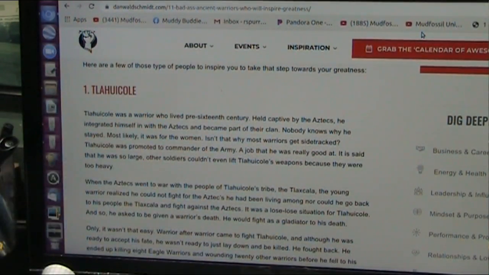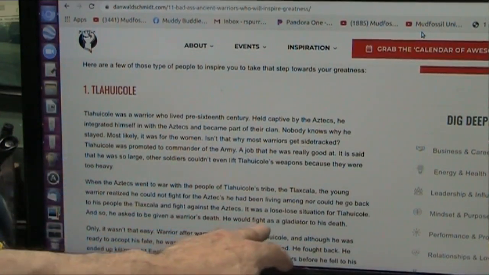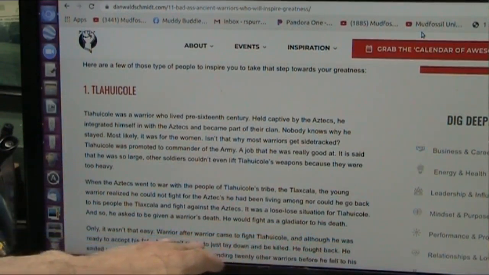So it was a lose-lose situation for him. So he asked to be given a warrior's death. A lot of these guys choose death before dishonor. It's an admirable thing. Now, he would fight as a gladiator to his death.